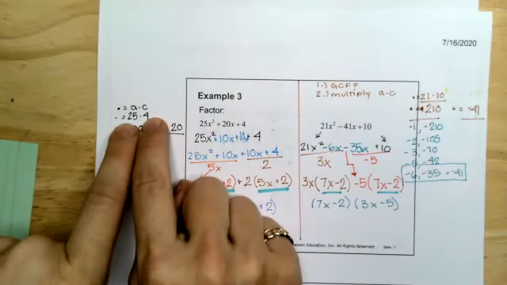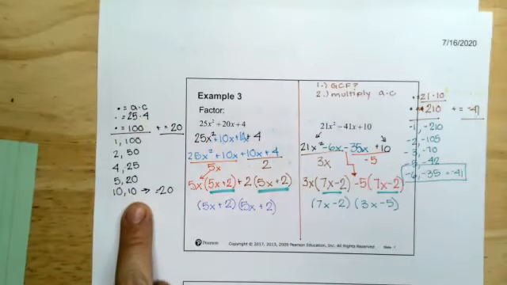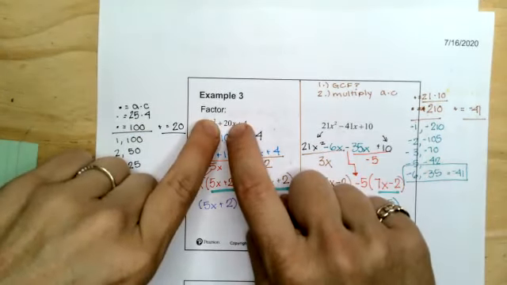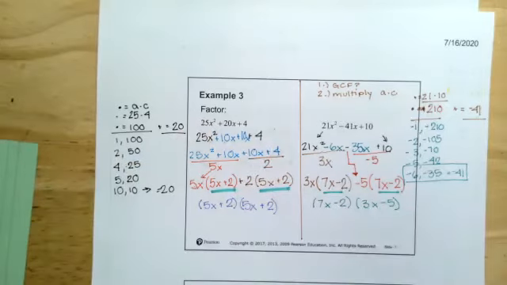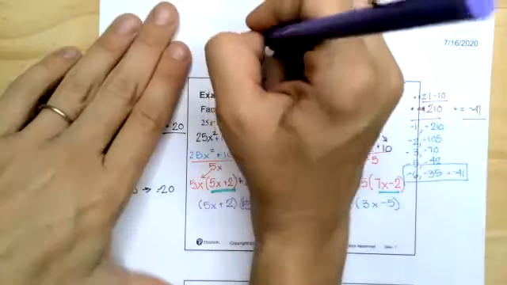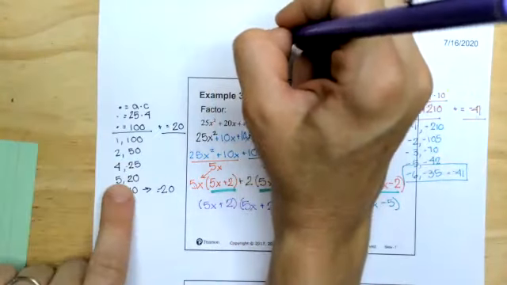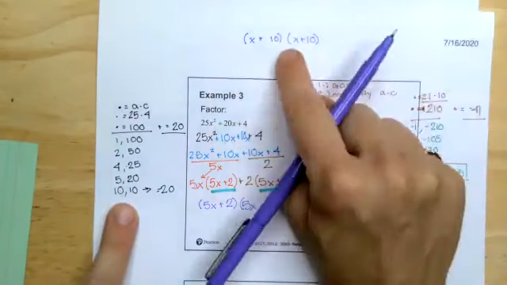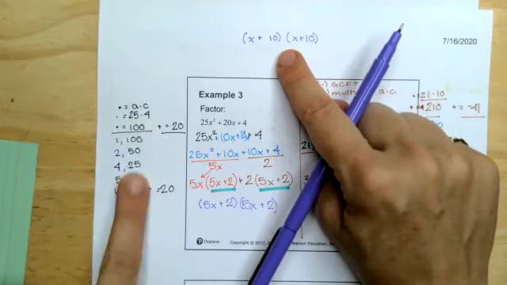So you multiply a times c, list your factors, find the one that works. It's no longer x plus 10, x plus 10. That's not what we're doing when we find the factors when it's a times c.